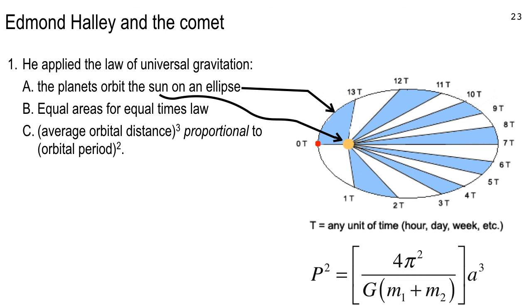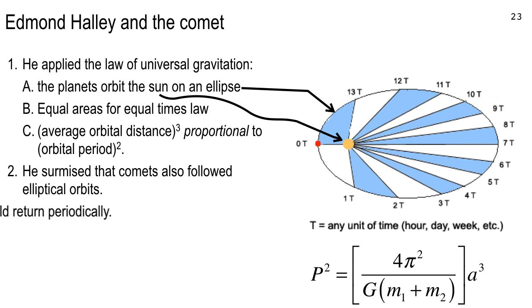And that's down here. Here, little a, you don't have to worry about this formula. We're not going to calculate with it. But this is the formula that Edmund Halley developed. The mass of the two objects, the Earth and the satellite, or the comet and the sun. Here's the average orbital size, and capital P is the orbital period.